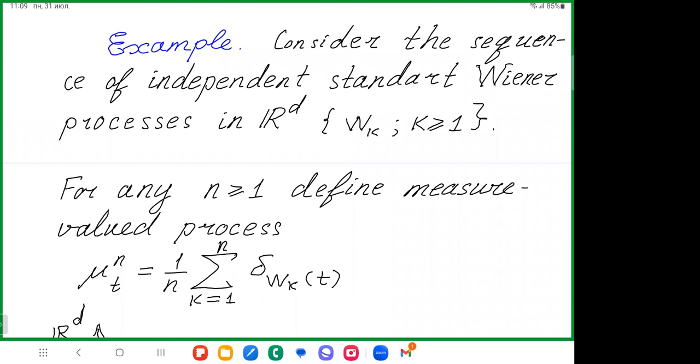Consider a sequence of independent standard Wiener processes in R^d. Now, for any n, define the measure-valued process mu_n(t), which is equal to the empirical distribution of these W_k(t).